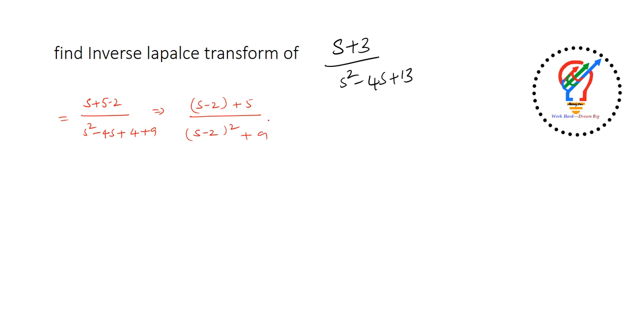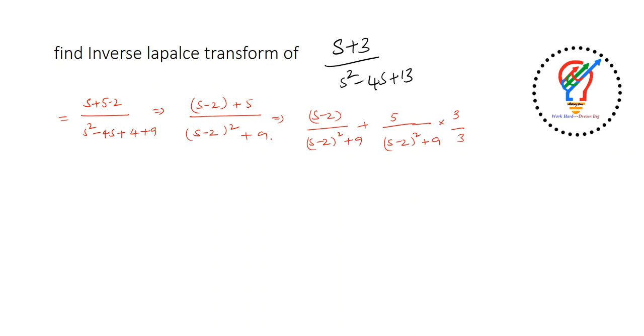Okay, so what I'm doing is again I will do the separation here. S minus 2 divided by s minus 2 whole square plus 9 plus 5 divided by s minus 2 whole square plus 9. Okay, so for simplification what I will do is I will multiply it by 3 by 3.